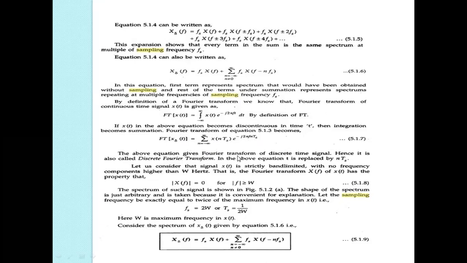The above equation gives the Fourier transformation of the discrete time signal, hence it is also called the discrete Fourier transform.